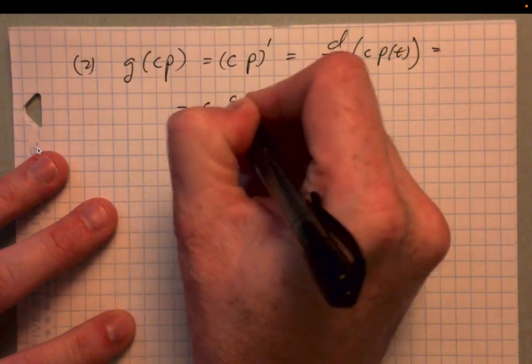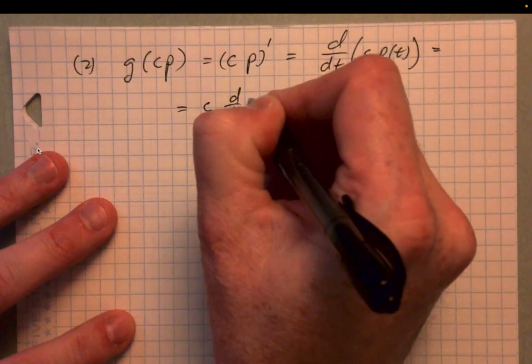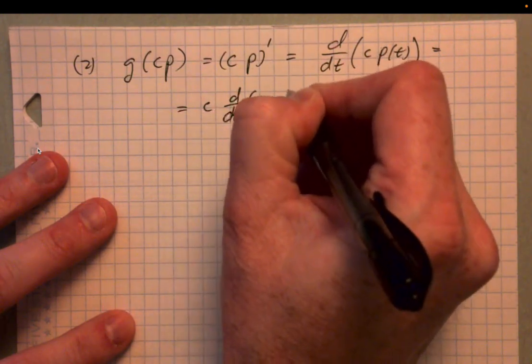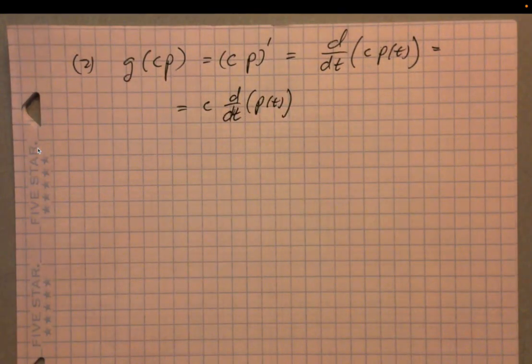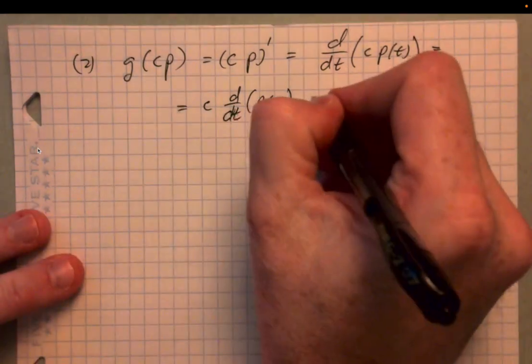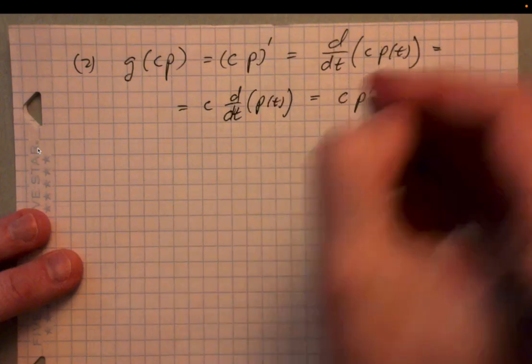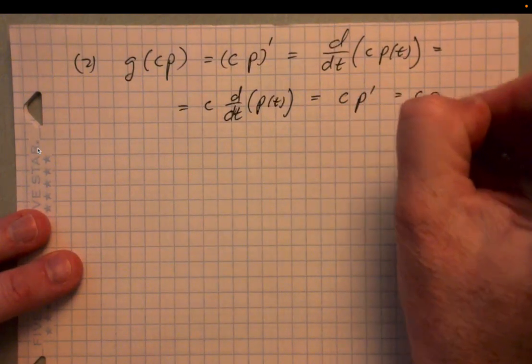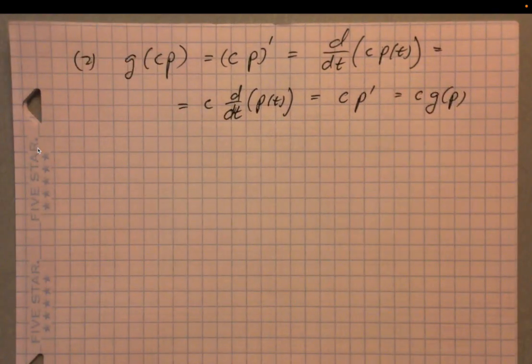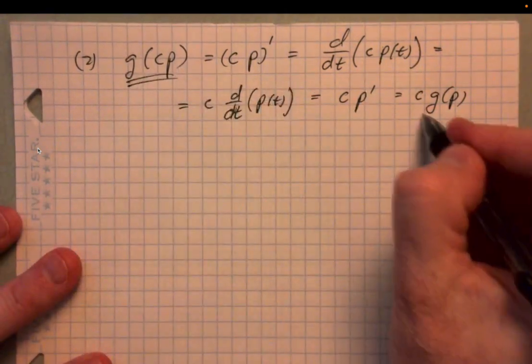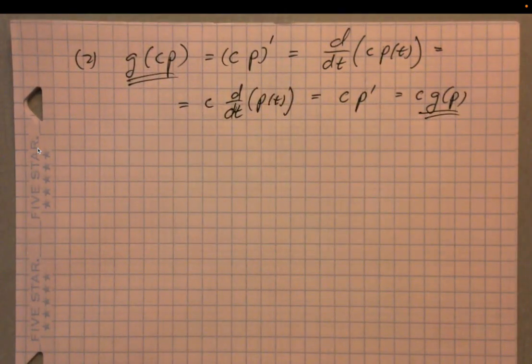So it's fine to do this. Right, so that's something we saw in calculus. And so another way to write that is c times p prime, right? And so that, of course, is just c times g applied to p. Right, so here we have the scalar multiplication property.